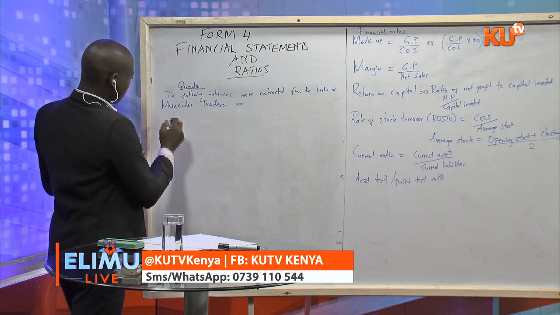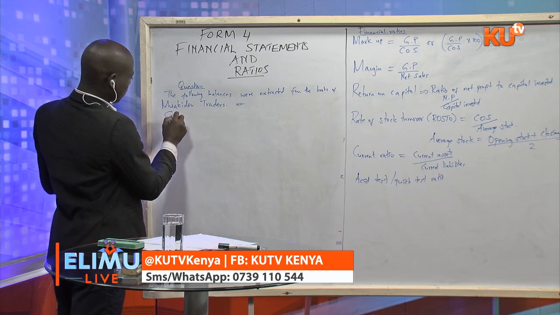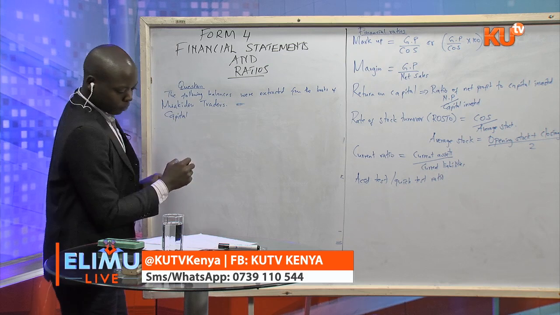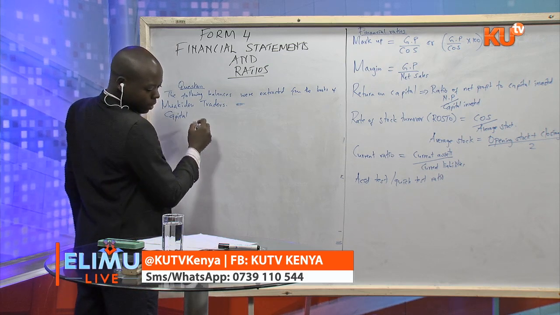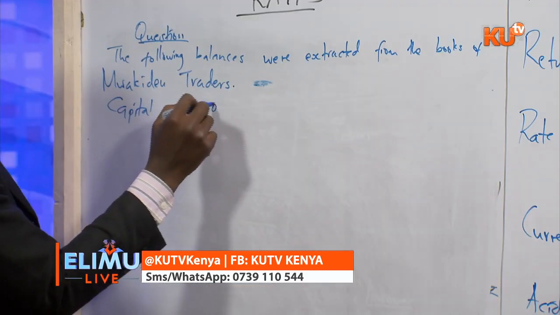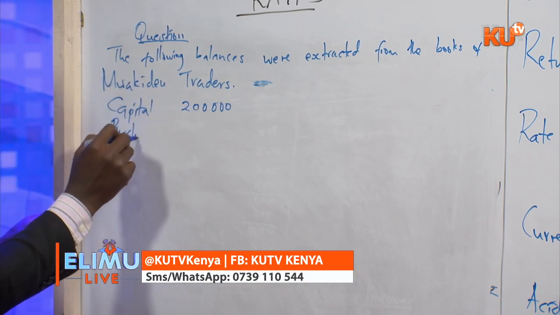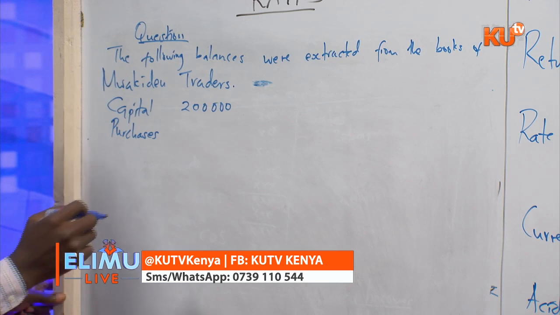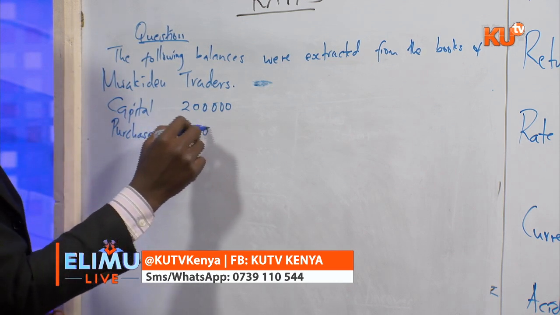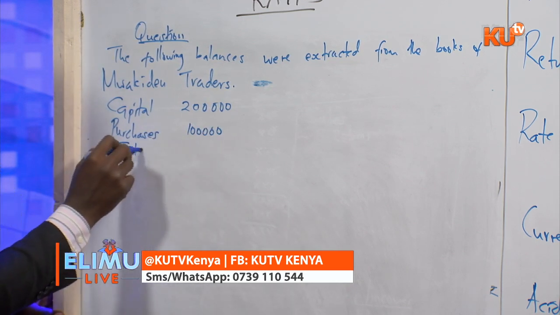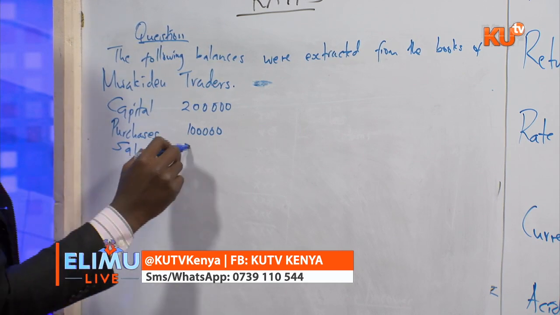We have capital, that is 200,000. We have purchases given as 100,000. We have sales given as 350,000.